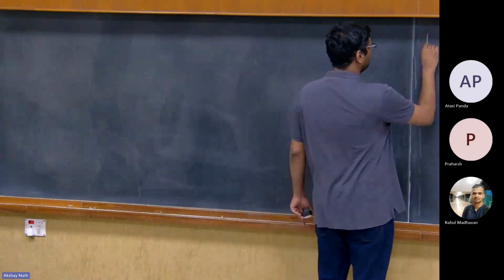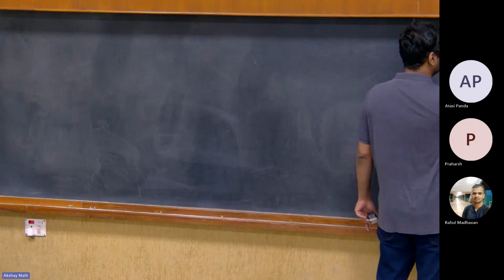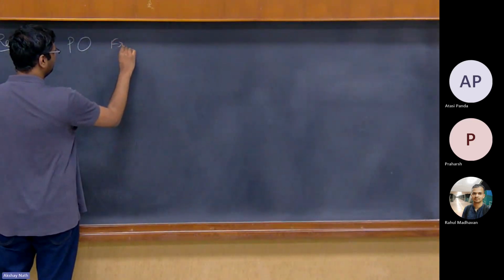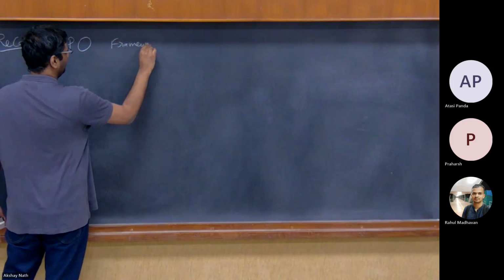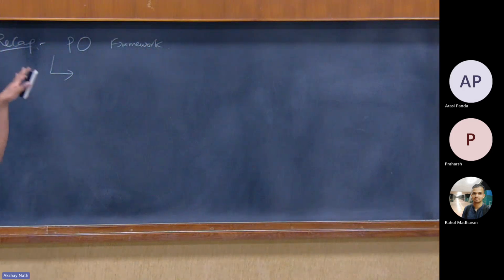The recap is that for the first 4 to 5 lectures, we saw the potential outcome framework. Now, I just want to point out certain things that we saw, not the whole summary, just so that I can motivate what I'm going to say, as we look from the Pearlian point of view.